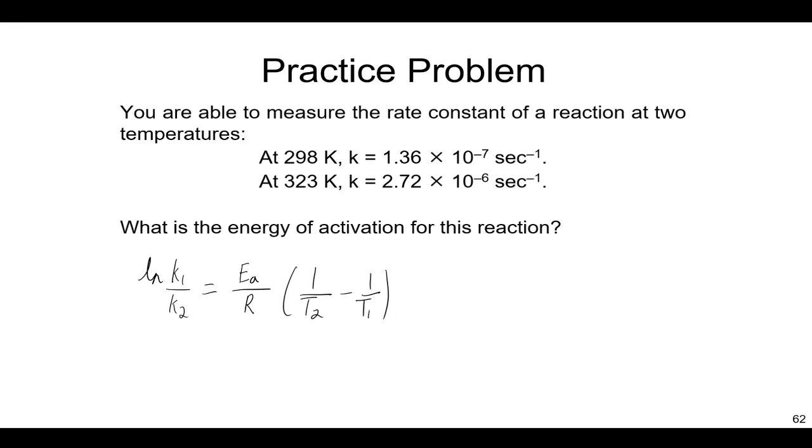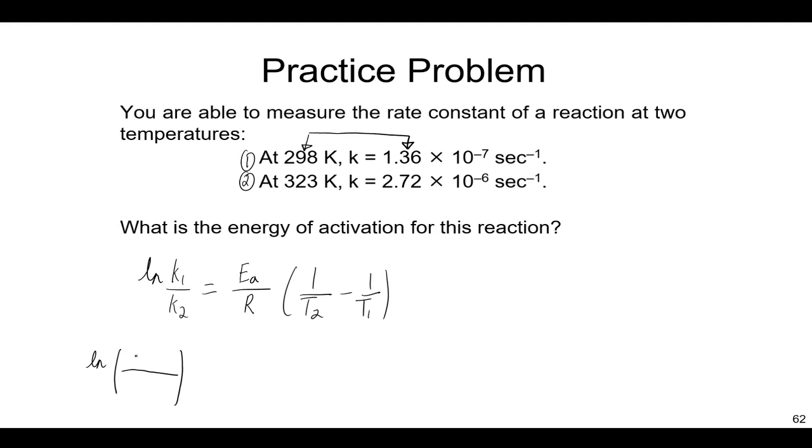And now we're just going to plug each of these things in. We just want to be careful with units. So natural log of, what is 1, what is 2? We can call this first one 1, this second one 2. It doesn't matter which one I call 1 and which one I call 2, as long as I'm keeping 298 with 1.36 and 323 with 2.72. Here I'll call the first one 1 and the second one 2.